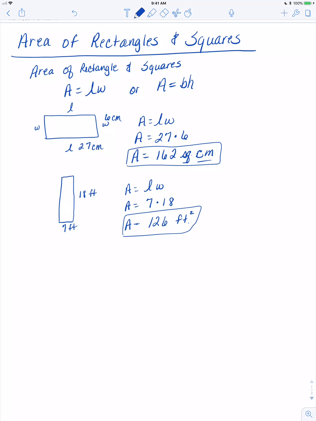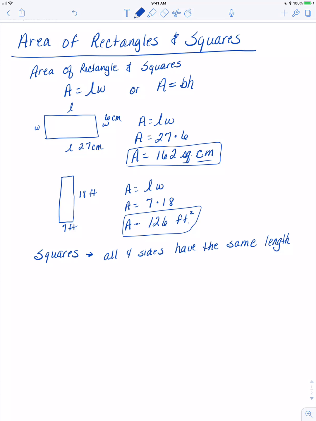Okay, let's just do a couple of squares also. So remember, when we're talking about squares, that means automatically if they tell you it's a square, then all 4 sides have the same length. And that's just a property of a square.